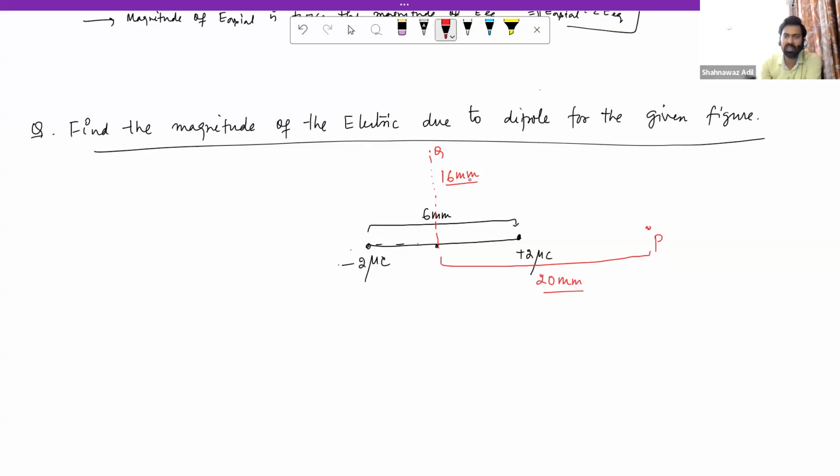These numbers should be large, but let's say that we take these numbers. This P point is the axial point, and this Q point is the equatorial point.